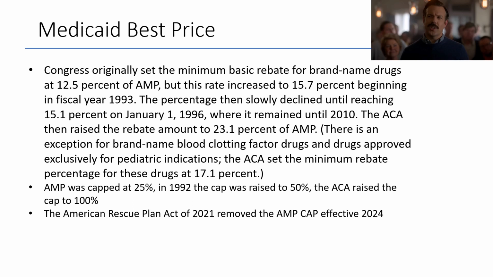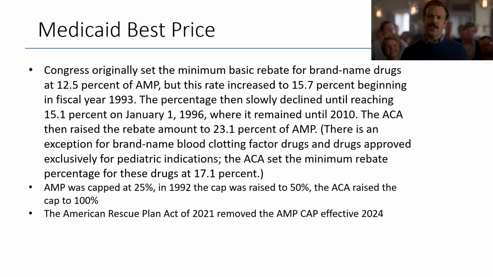Well, it's very complicated, but what can happen is that when a drug, let's use insulin, for example, has been out for a long time, they've taken a lot of price increases over time. They have high rebates in the market, and then they also have price protection rebates in the market. And when you do all these fancy calculations, it can get to the point where the discount that's owed could be over 100% to Medicaid.